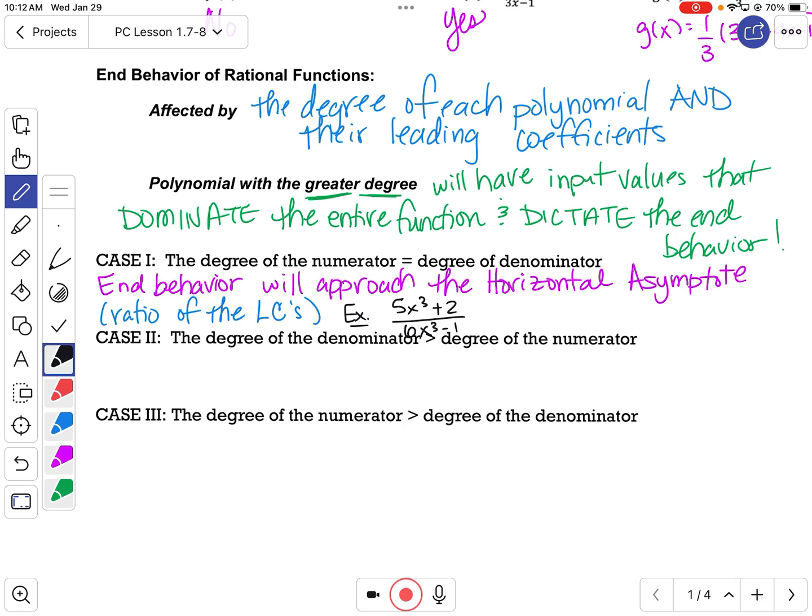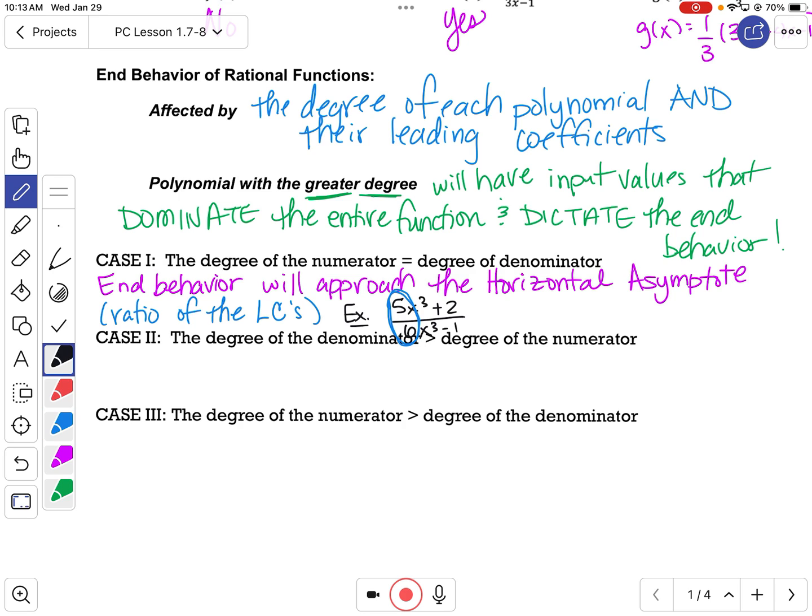Let's say that's what we have: 5x cubed plus 2 over 6x cubed minus 1. That's my rational function. The degree of the numerator equals the degree of the denominator; they're both cubic. So I look at the leading coefficients. What's their ratio going to be? 5 over 6.